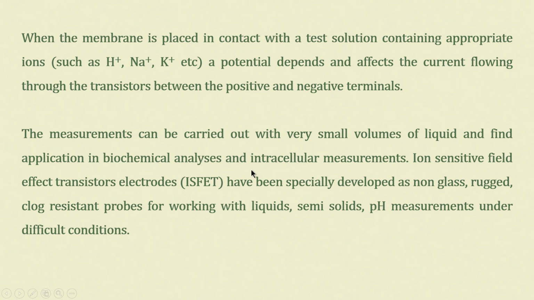Intracellular measurement means basically you can put the electrode inside a human body. If you want to measure spinal fluid, you make a hole at the back, insert it and see what changes are possible. Such intracellular measurements can be made with MOSFETs.